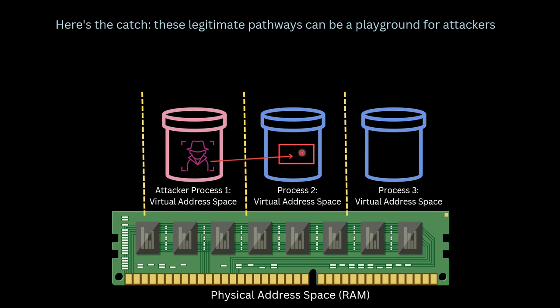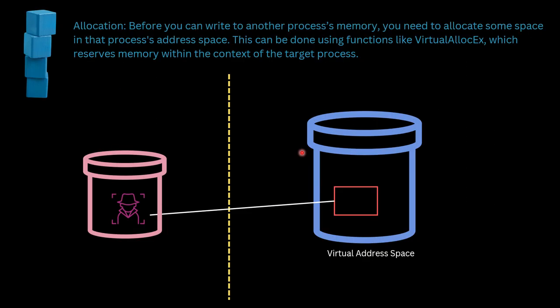So let's understand these stages a little bit more in depth. Allocation, as I said, is the first stage, using which the attacker will reserve a space in the process that he is trying to target, and the allocation is done by calling the API VirtualAllocEx. So this is a user mode API.